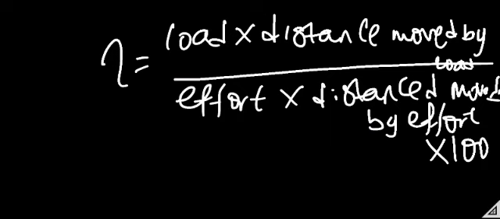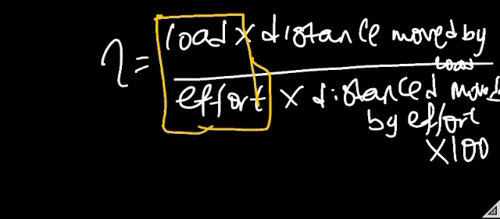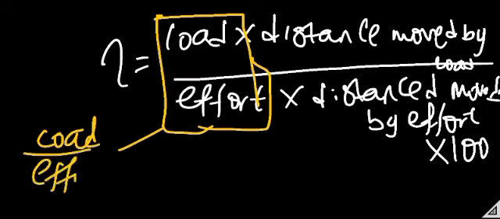Alright, so if this is true, I want to derive something, and this is called the relationship between velocity ratio and mechanical advantage. If we bring out this side of this equation, what is left here becomes load over effort. Is that true? And we know that mechanical advantage is load over effort.